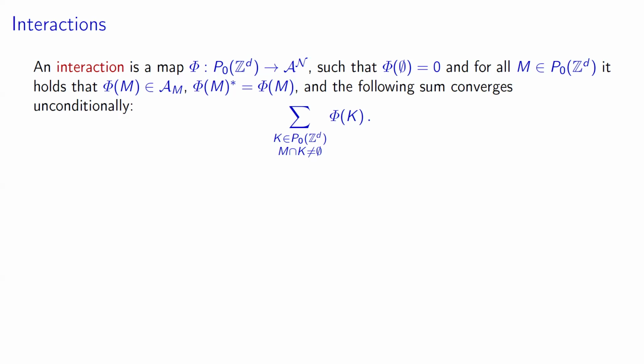And we also require, which will be automatically satisfied for our fast decaying interactions, that for any M, if we sum over all finite sets k that intersect M, the sum of phi of k converges unconditionally. For us, it will always converge in norm. So this is some local finiteness condition.